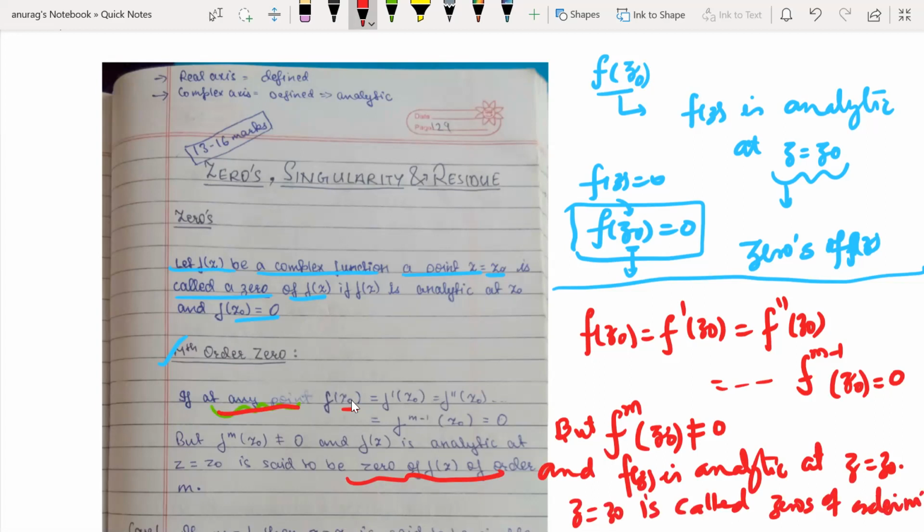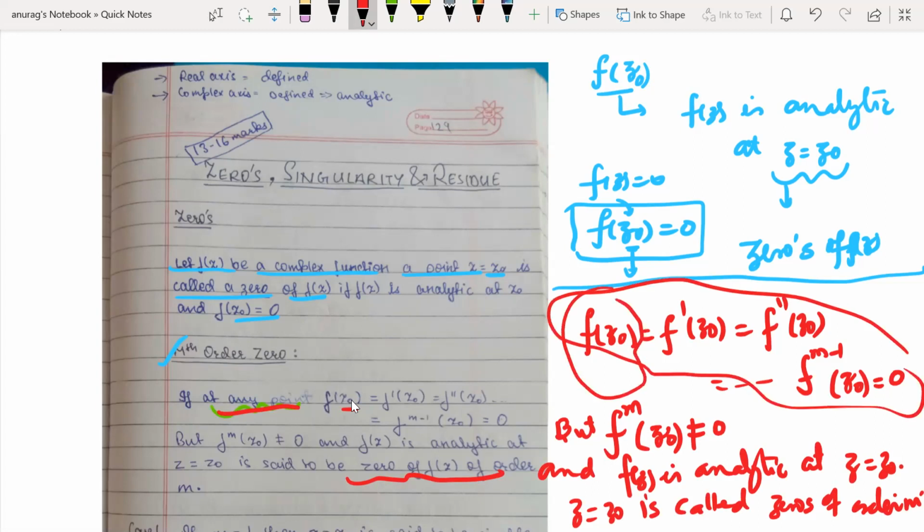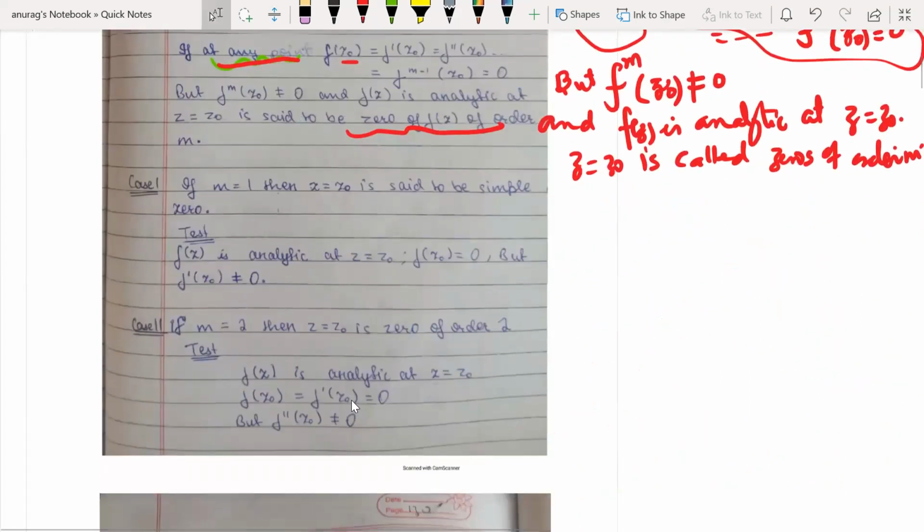The mth derivative is non-zero, but before that the function and all the derivatives at this point are equal to 0.